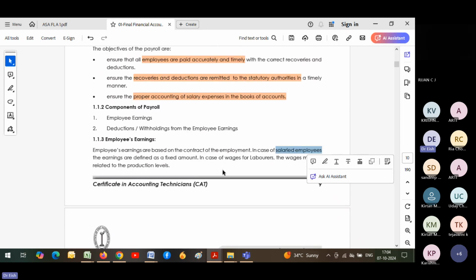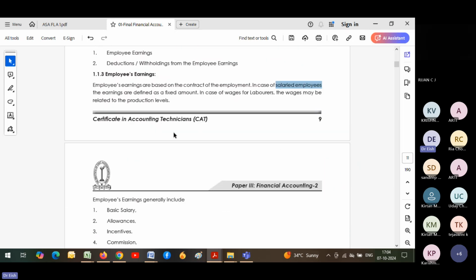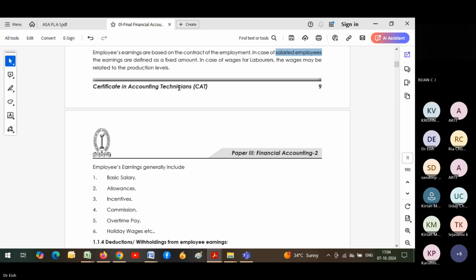In case of wages for laborers, the wages may be related to the production level. Suppose the production level is 100, 110. So the employee has to work to achieve the production level. If he achieves it, he will get full salary. And in case he doesn't achieve it, he will get whatever is due.